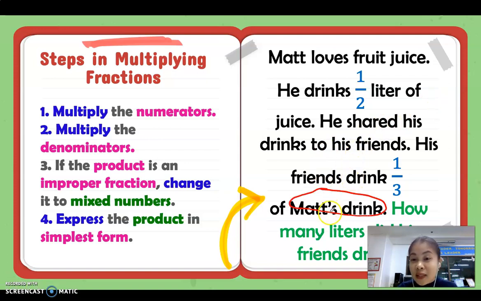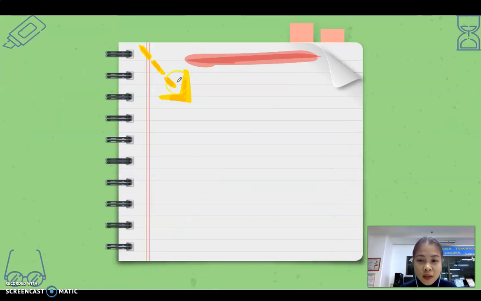Matt has 1/2. Therefore, if you're going to write an equation, you're going to write 1/3. What is 1/3 of Matt's drink, which is 1/2 liter? So if you're going to solve that, we have, what is 1/3 of 1/2? That 1/2 is Matt's drink.